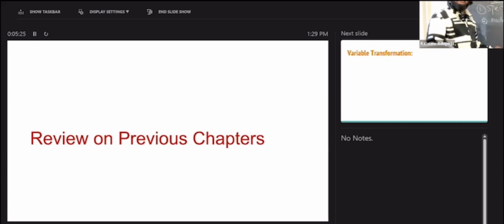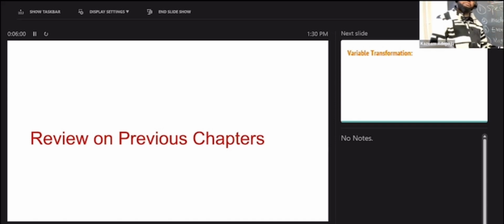We estimate parameters in the model. The next step is to evaluate your model. When you are evaluating your model, how valid is it? You are testing assumptions. And the last one, when everything is nice, you make inference.